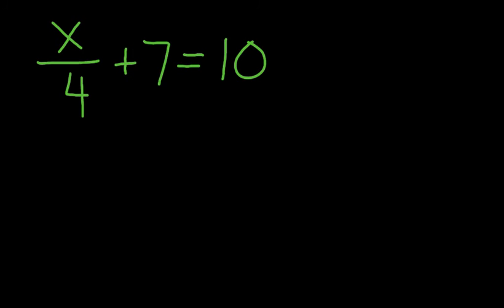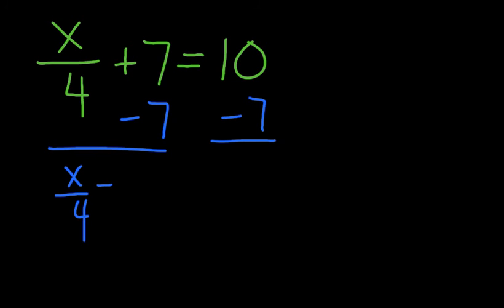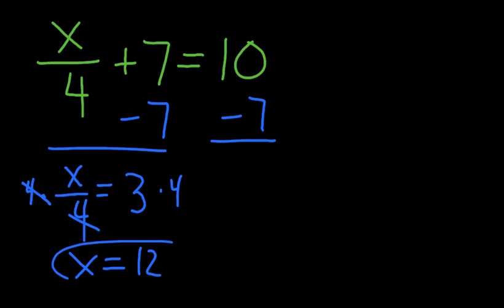So our first step is minus 7 minus 7. Then we have x over 4 equals 3. Now what? Since that's dividing, we're going to multiply. So times 4 times 4. The 4's cancel on this side, and that leaves you with x equals 12.